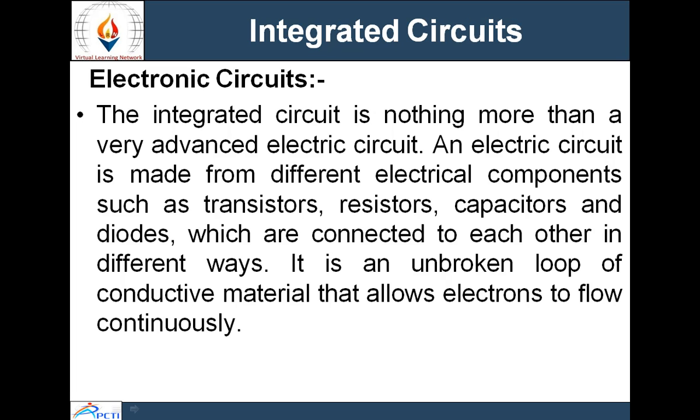The integrated circuit is nothing more than a very advanced electric circuit. An electric circuit is made from different electrical components such as transistors, resistors, capacitors and diodes, which are connected to each other in different ways. It is an unbroken loop of conductive material that allows electrons to flow continuously.